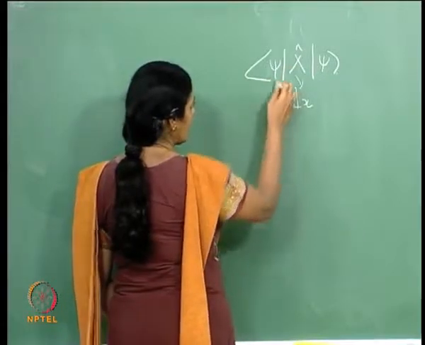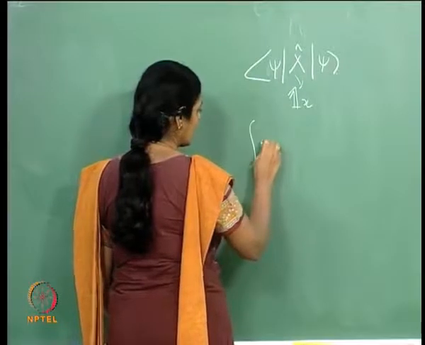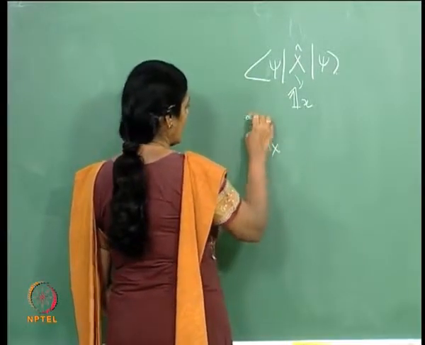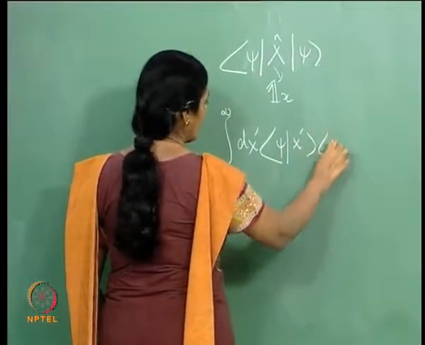and in this object I can always introduce a complete set of states. So I can write it as integral dx prime, ket x prime bra x prime.